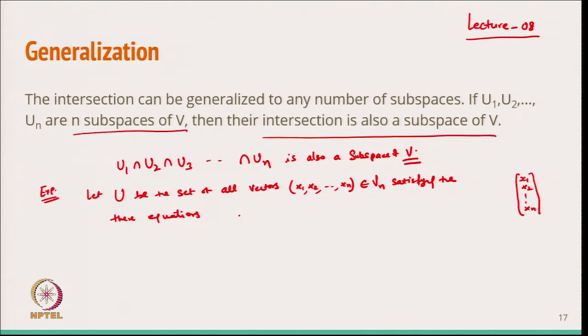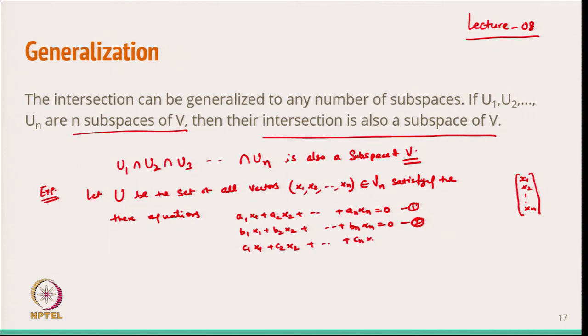Let me take the equation a1 x1 plus a2 x2 plus up to an xn equal to 0, equation number 1. Then I take b1 x1 plus b2 x2 plus up to bn xn equal to 0, the second equation, and suppose I take one more equation c1 x1 plus c2 x2 plus up to cn xn equal to 0, equation number 3.